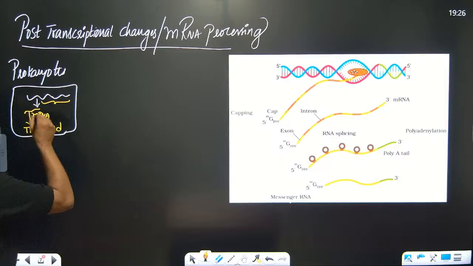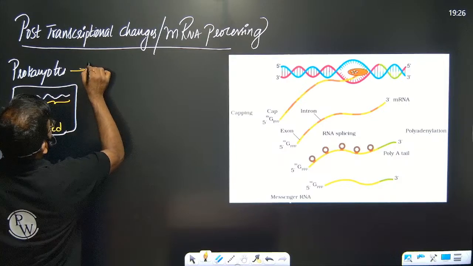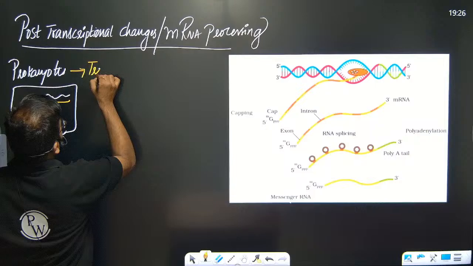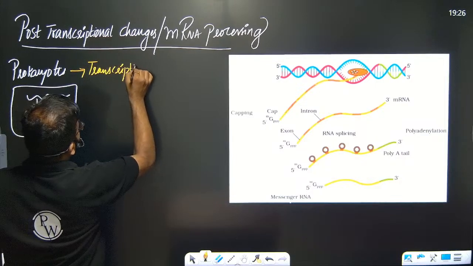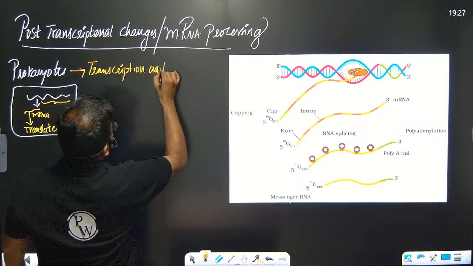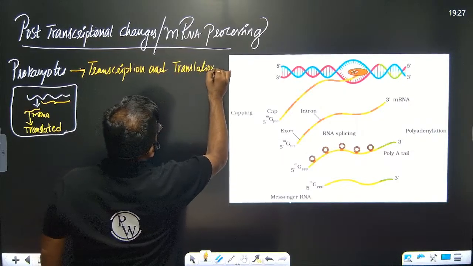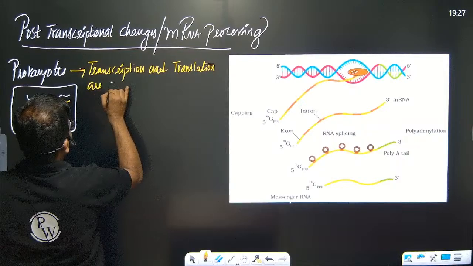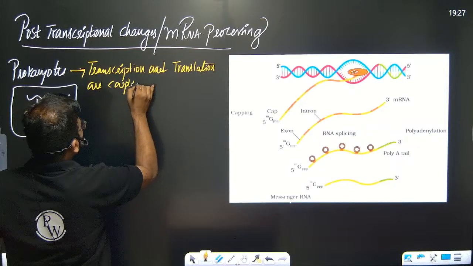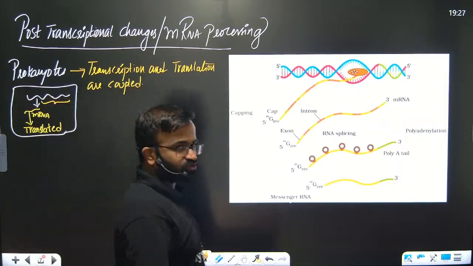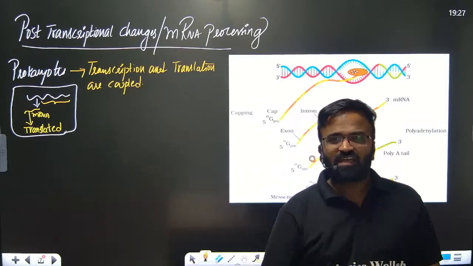So in case of prokaryotes, transcription and translation are coupled. That means there is no gap between transcription and translation.